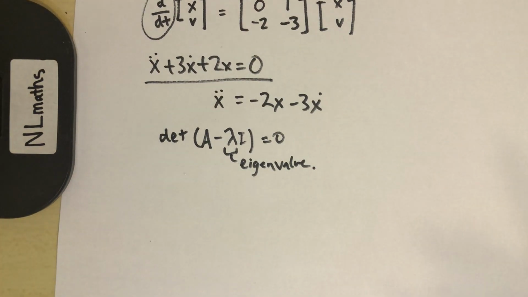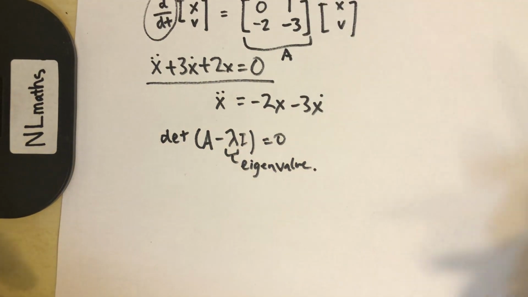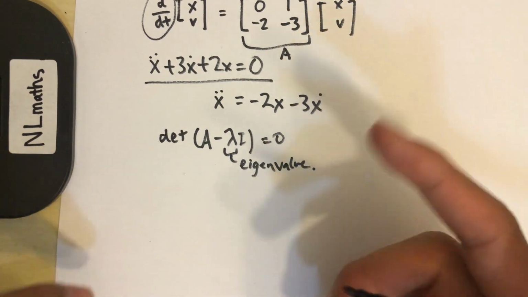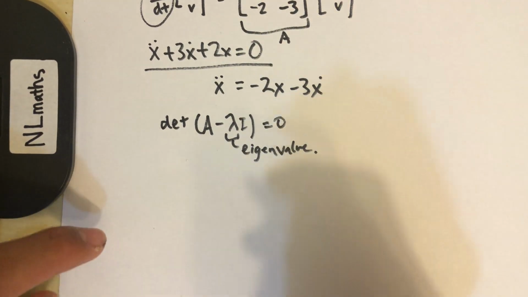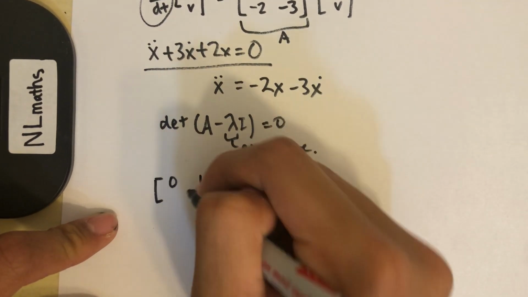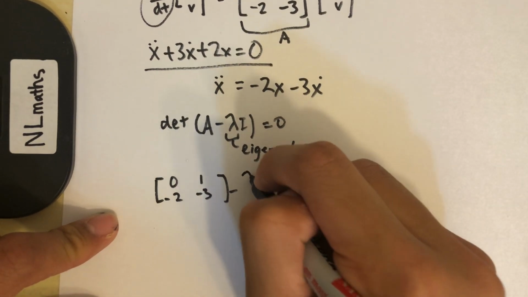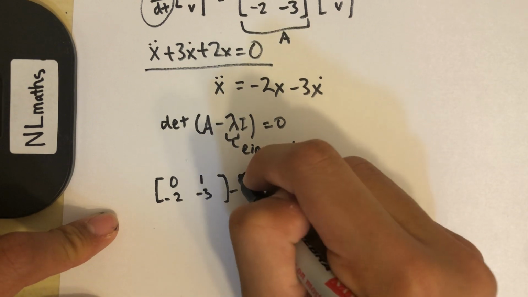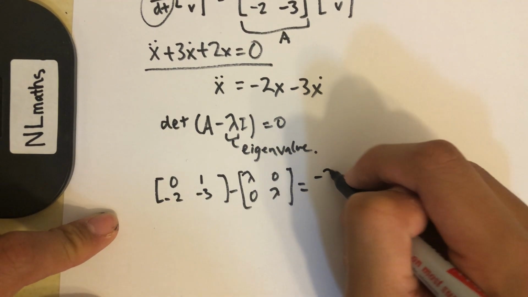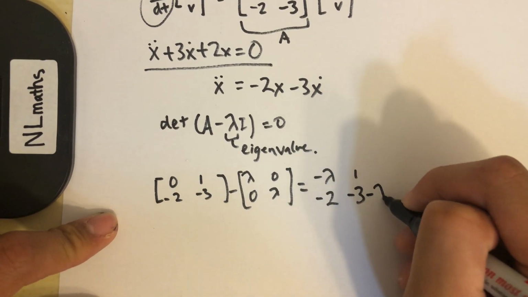Now this is very good, because let's say we name this matrix A, and if we solve the eigenvalue equation for this particular matrix A, which we will do right now, then we get 0, 1, negative 2, negative 3, minus lambda 0, 0 lambda. And this is going to be equal to negative lambda, 1, negative 2, negative 3 minus lambda.